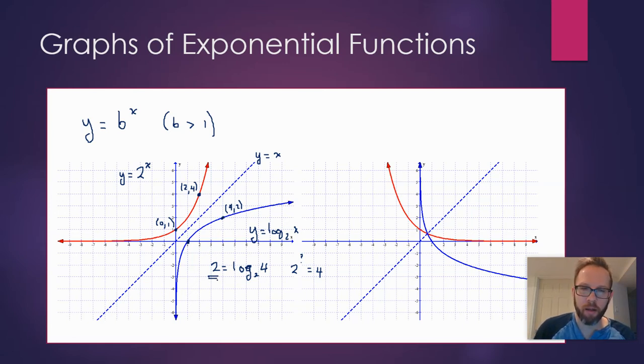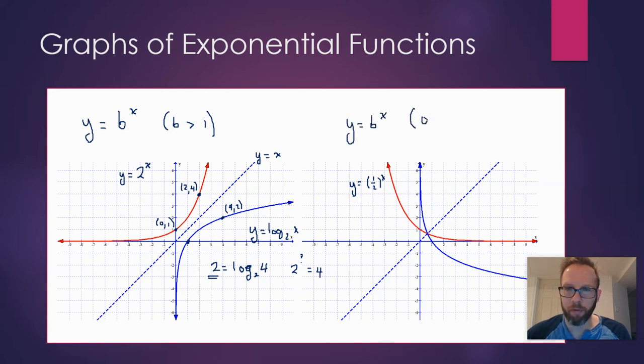On the right-hand grid, I've graphed the exponential function 1/2 to the power of x. In general, any exponential function where the base is between 0 and 1 is going to have the same shape.